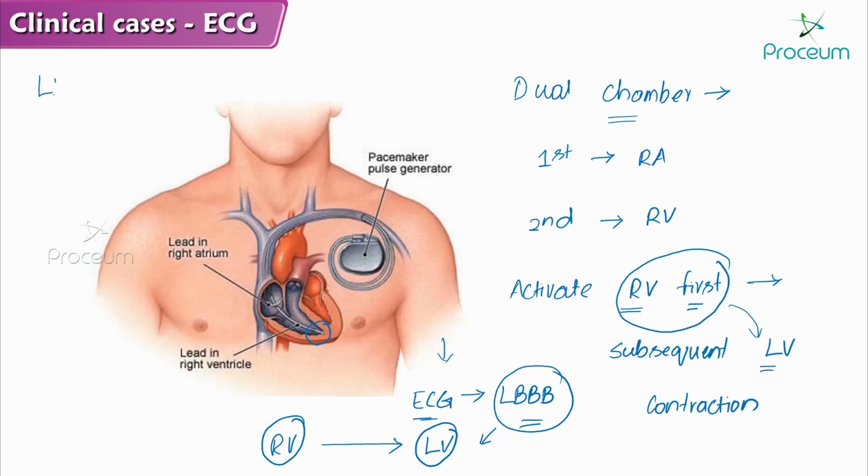In LBBB morphology, in lead V1 you should have a W-shaped S wave. And in LBBB ECG, V6 should show an M-shaped R wave.